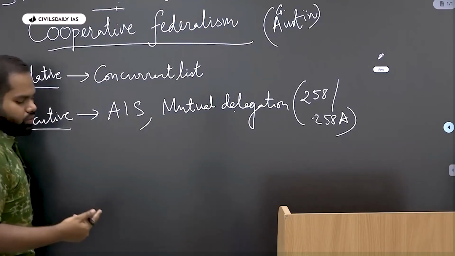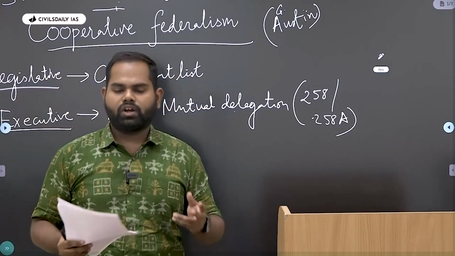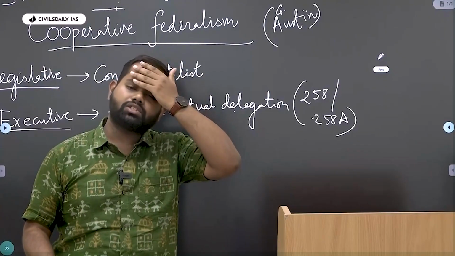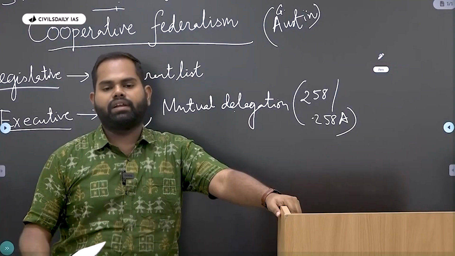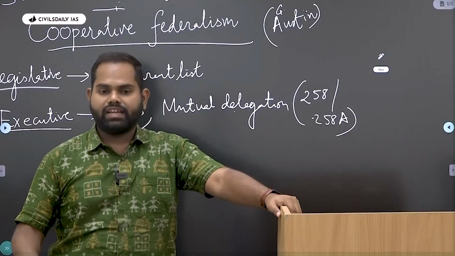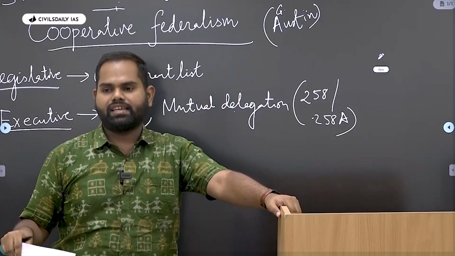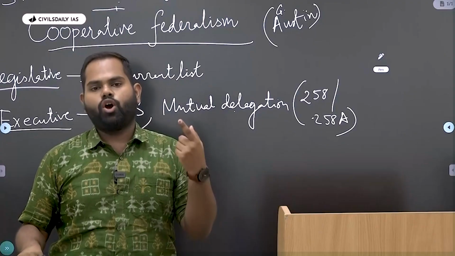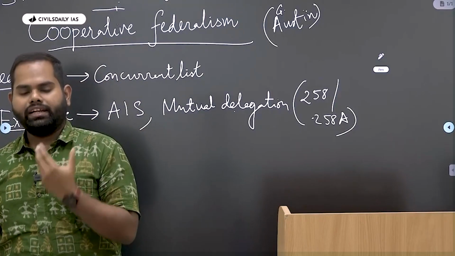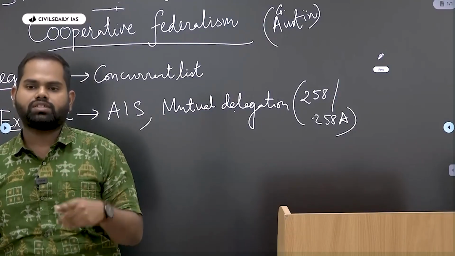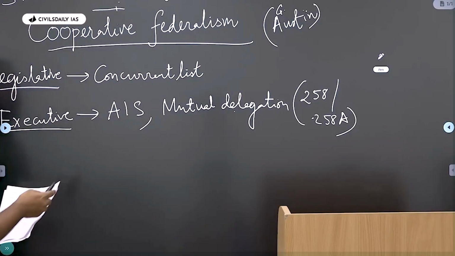But we know that when there is a clash between laws made under the concurrent list, it's the center's law that will prevail. But who is the executive authority in implementing a concurrent list subject? It's always the state, unless there is a parliamentary law that explicitly says that the executive implementation has to be done by the center. Till then it's always the state's prerogative to have the first say in the executive implementation. So that is something you can always keep in mind.